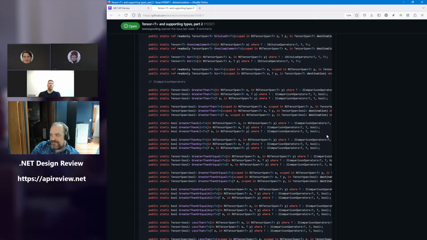Yeah, the consideration there is we can do something. What it would look like is effectively a public static bool Any<T>, and then basically a T operator.